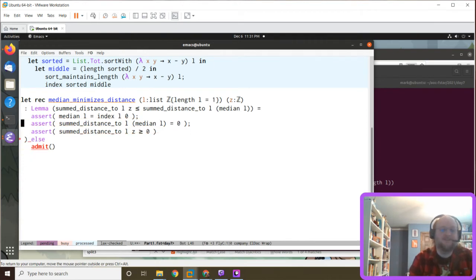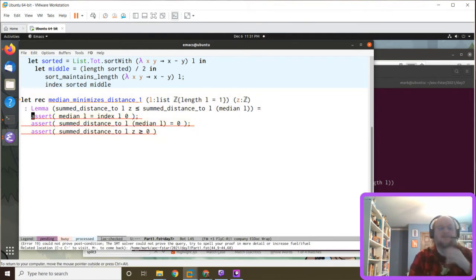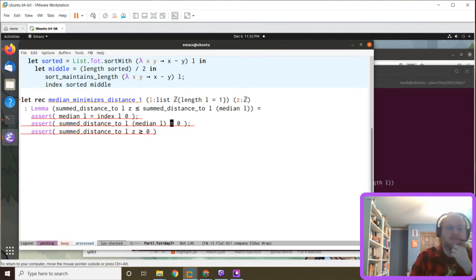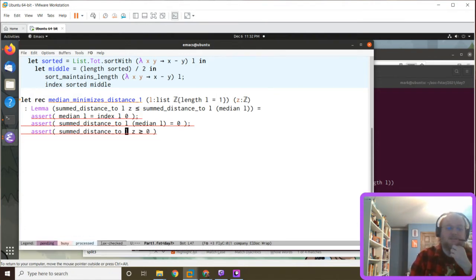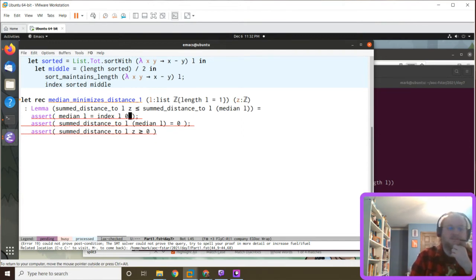Let's just prove it for lists of length 1. All right, this seems like... this is convincing to me. It's not convincing to F star yet.